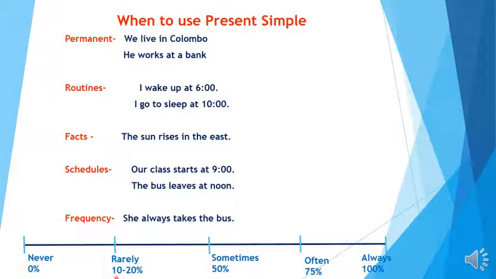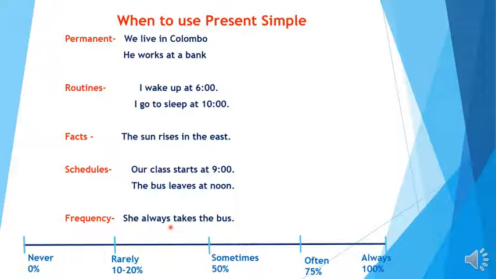If it happens like 10 to 20%, then we use the word rarely. And 50%, then you use sometimes. And like 75%, we can use often. 100% always.